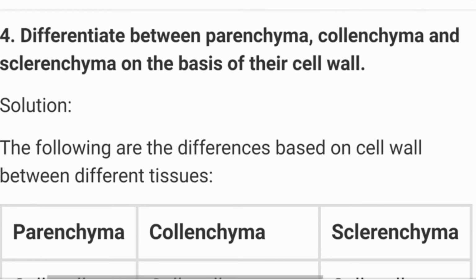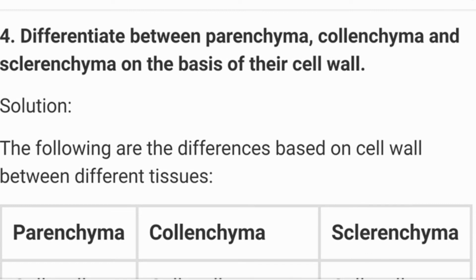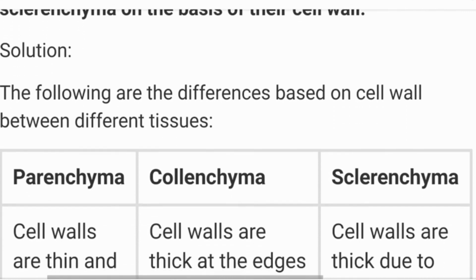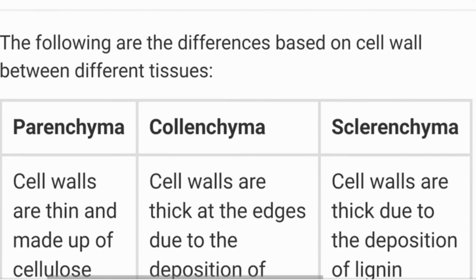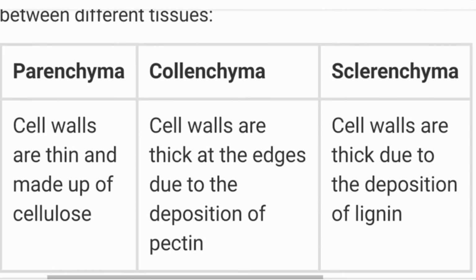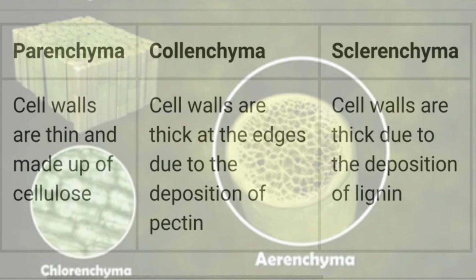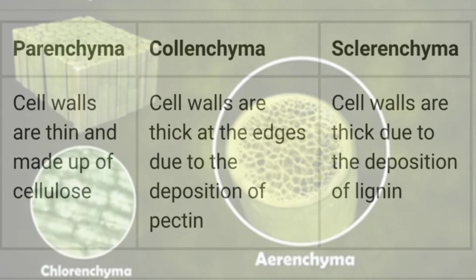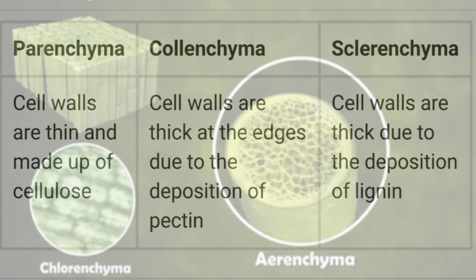Differentiate between parenchyma, collenchyma, and sclerenchyma on the basis of their cell wall. So cell wall is the characteristic. The following are the differences based on cell wall between these tissues. Parenchyma performs the storage function. Sclerenchyma provides stiffness and hardness to the cell.